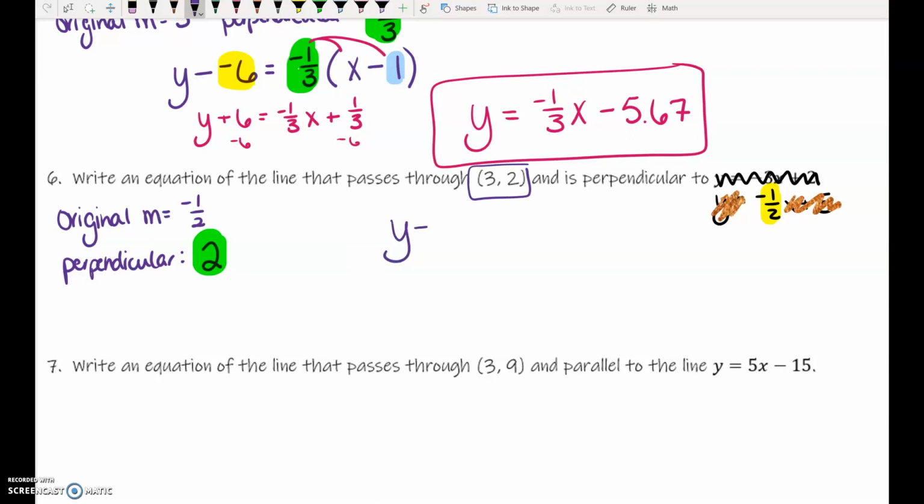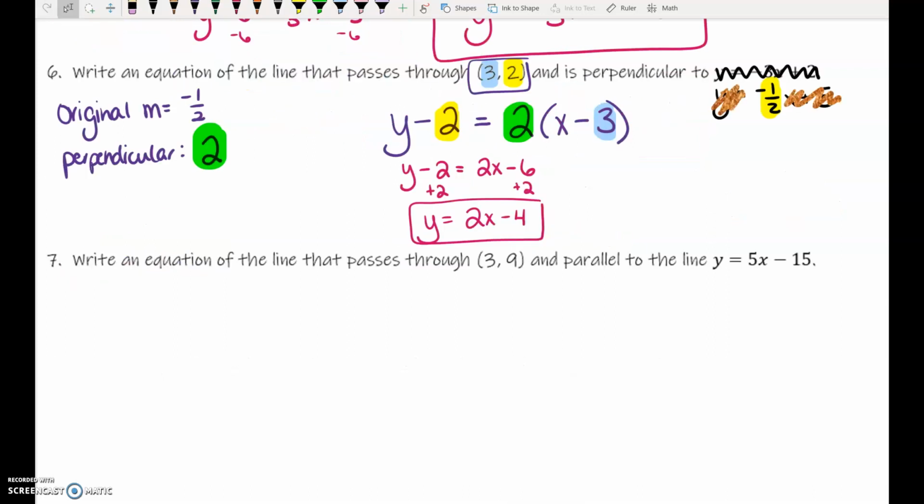So y minus the y value of the point, that number comes from right there, equals our slope 2 times the quantity x minus the x value of the point, 3. On your own, distribute your slope, get that written in slope-intercept form. You should get y = 2x - 4.